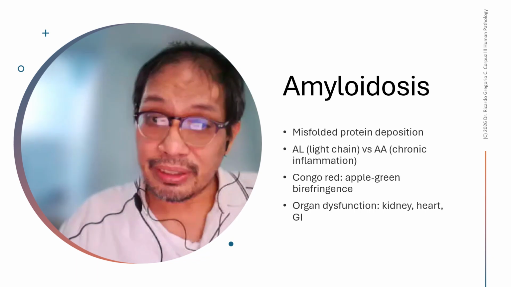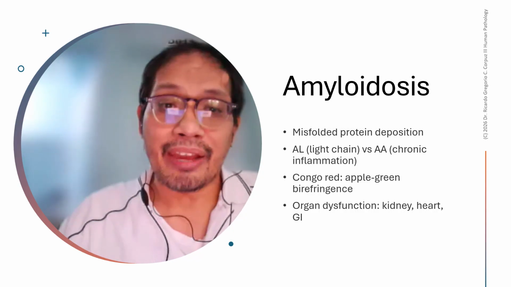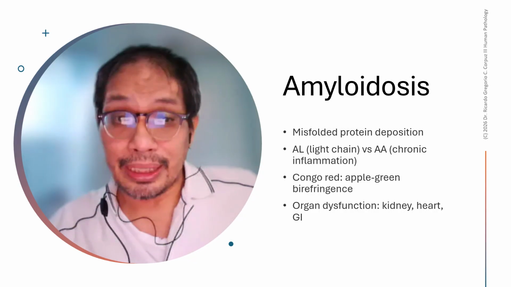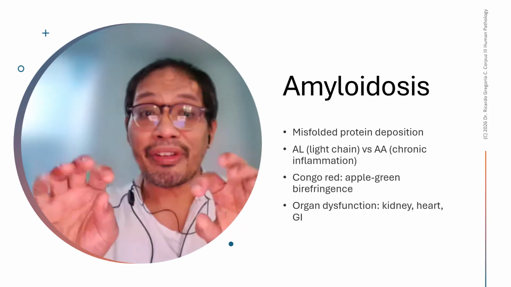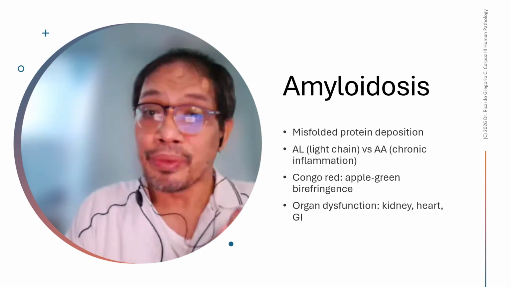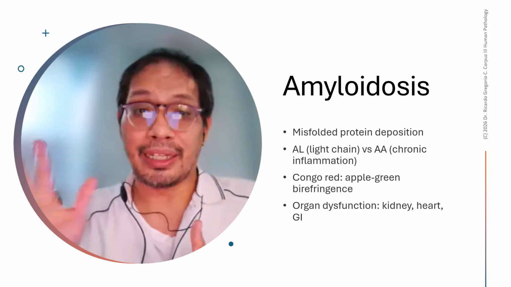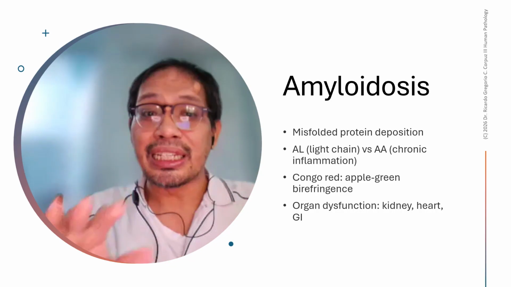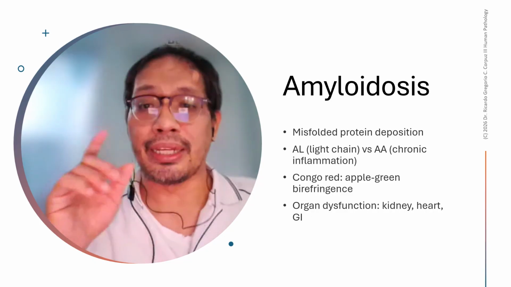Heart, restrictive cardiomyopathy, arrhythmia. GI or liver, hepatosplenomegaly. Nerves, there will be peripheral neuropathy. So, amyloid deposition causes structural distortion, not inflammation, leading to progressive organ dysfunction.